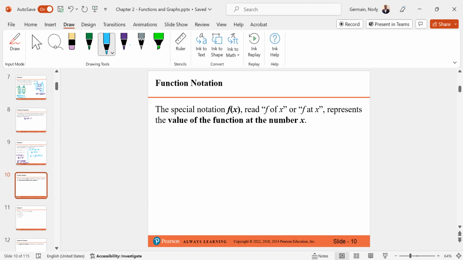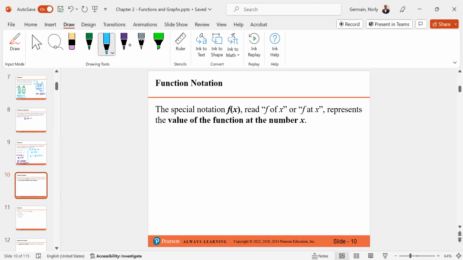When an equation represents a function, the function is often named by a letter. We can call them f, g, h. We can call it by the first letter of my first name, N, as in Nancy, N of x, or g of x. Or if your name is John, J of x. Any letter can be used to name a function. Suppose that f names a function.